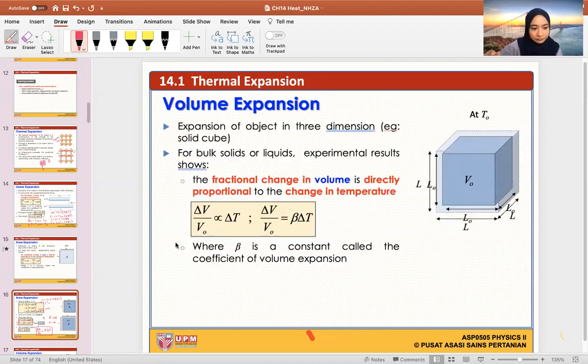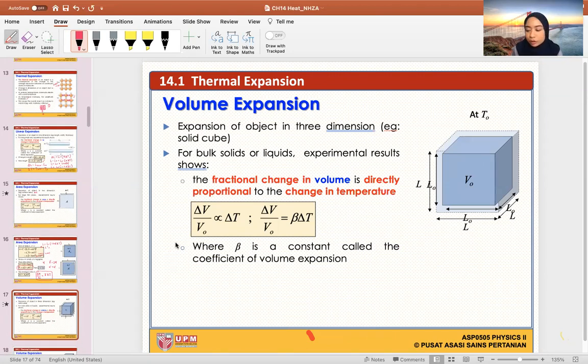Bear with me. Moving on to volume expansion, expansion of an object in 3 dimensions. Earlier we were talking about X, which is for length, and then for area we talked about XY, 2 dimensions. Now it's XYZ. So this is your volume expansion.